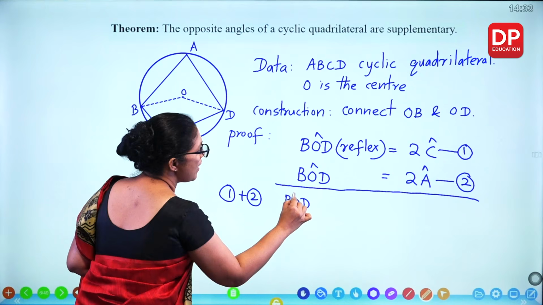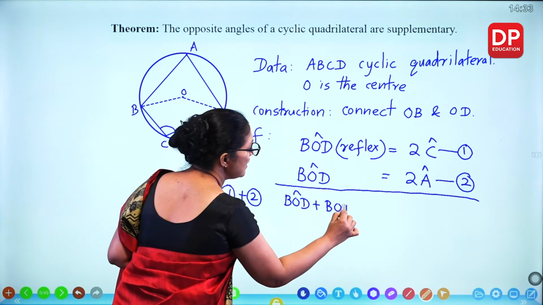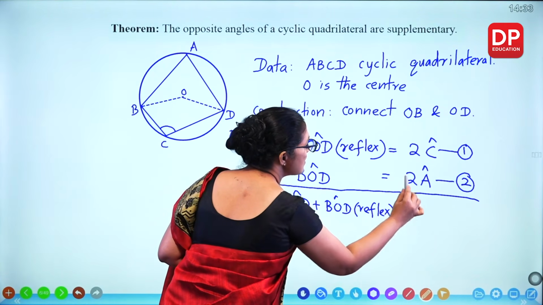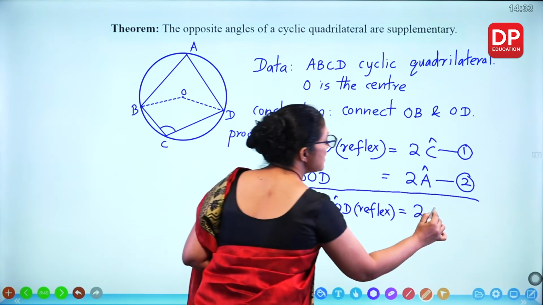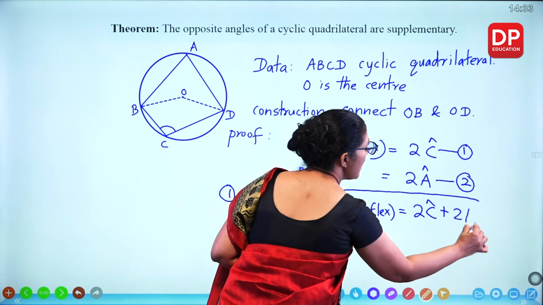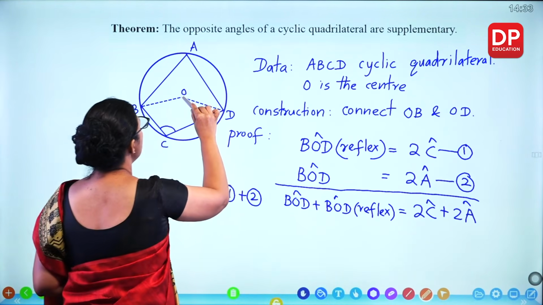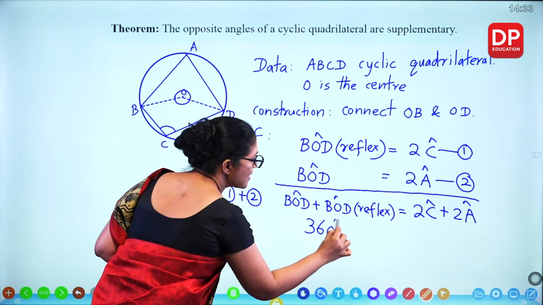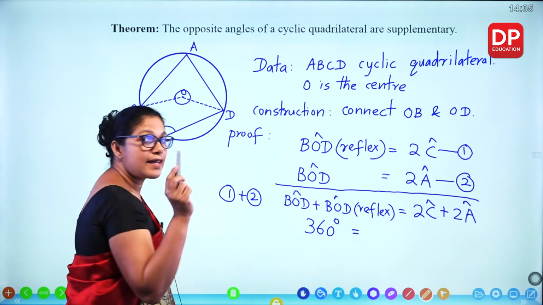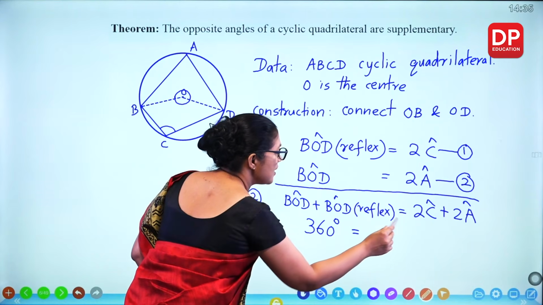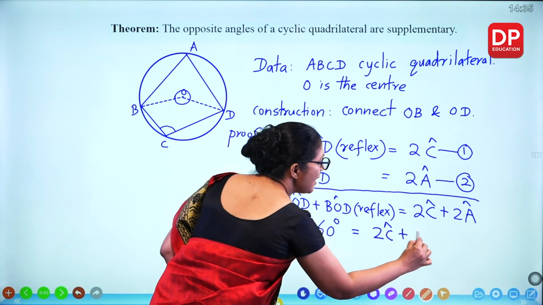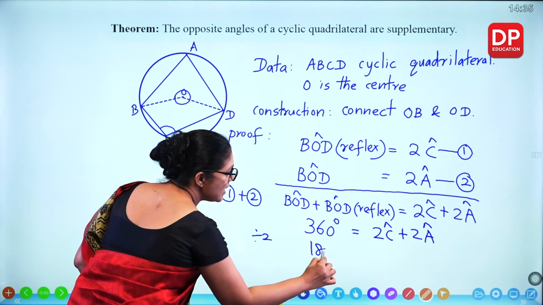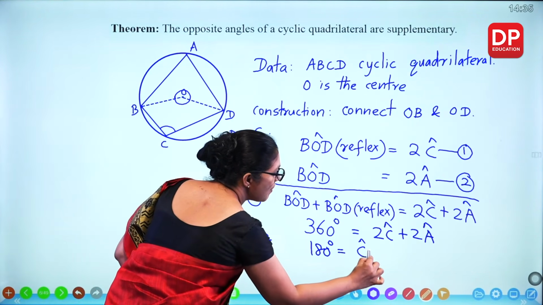BOD plus BOD reflex angle is 2C plus 2A, but we know this one around the point is these two. So these two angles add up to 360 angle at a point. 2C plus 2A, divide this by 2, you get 180 equals C plus A.